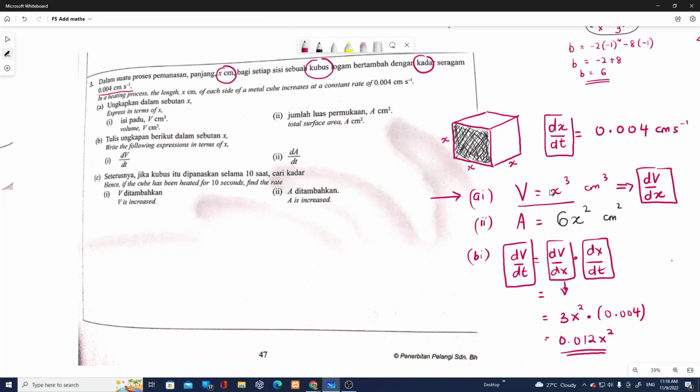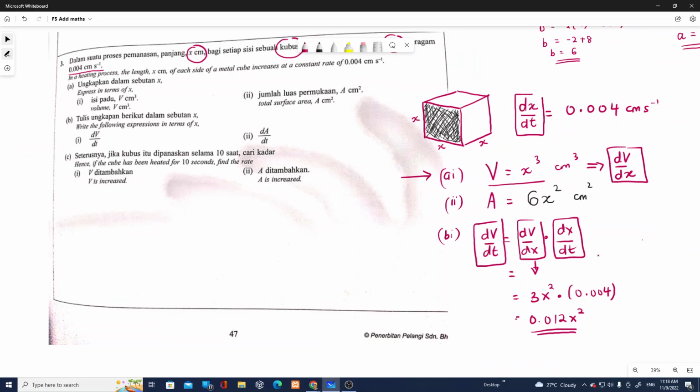Understand? Yes, sir. Dan untuk bahagian B2, apakah dA per dt? Okay, petua rantai. Dzul, bagi petua rantai, dA per dt ialah dA per dx darab dx per dt.